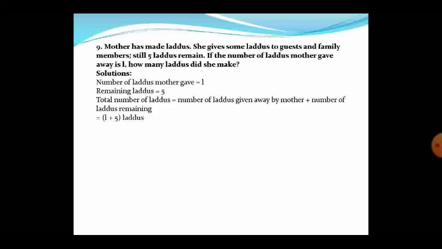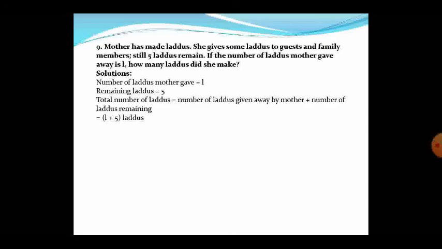Here, they didn't ask for the exact value. You have to find the pattern. What is the pattern here? L plus 5, right? The number of laddus mother gave is L, not 1. L laddus mother gave. Remaining laddus is 5. She gave L laddus to guests and family, with her remaining being 5 laddus only.